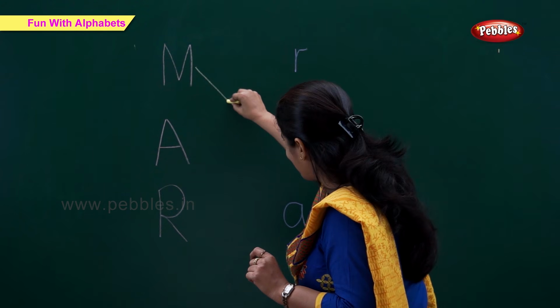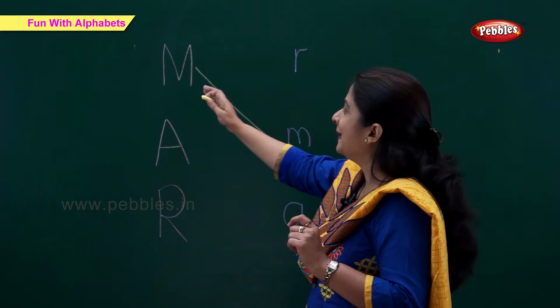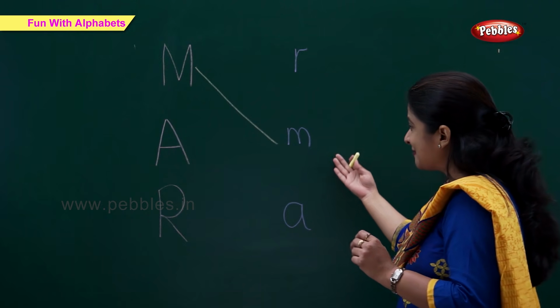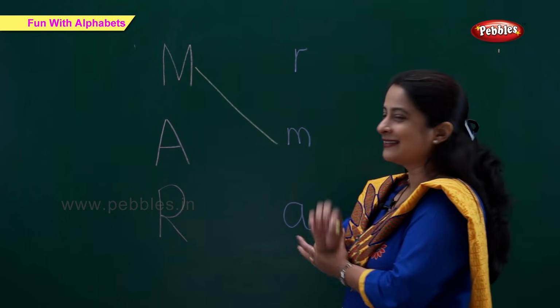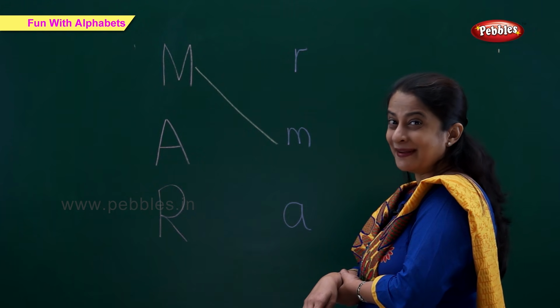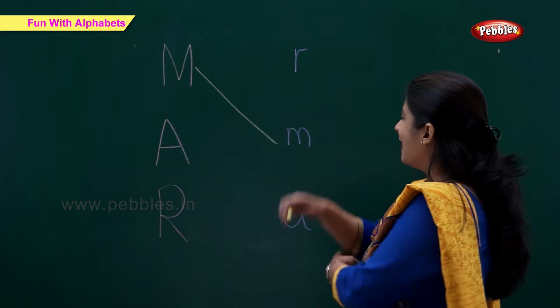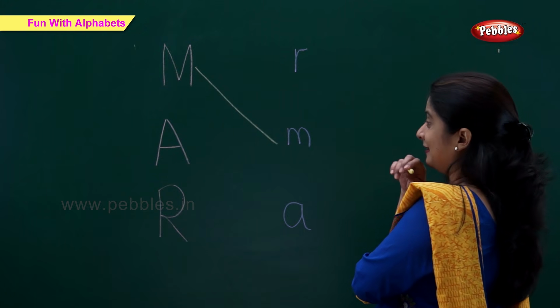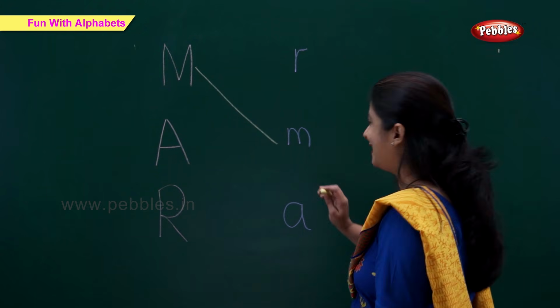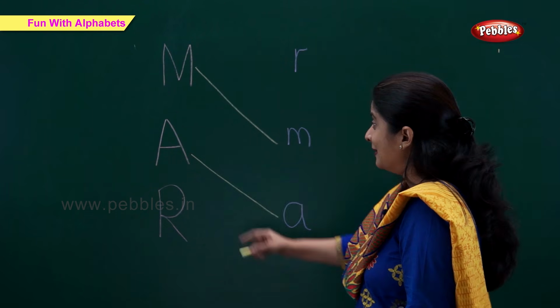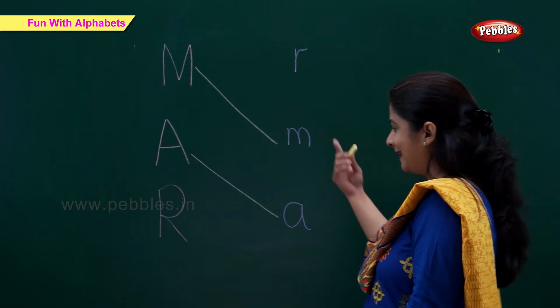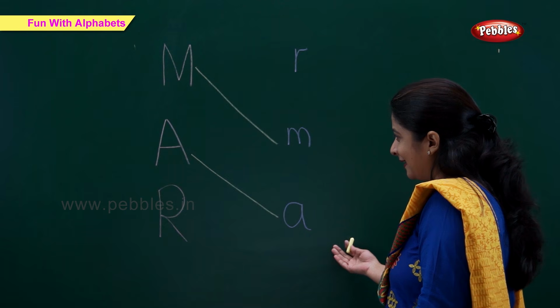So, big M and small m. And what is this? It's big A. And very small a. Oh, you are very smart. So, big A and small a.